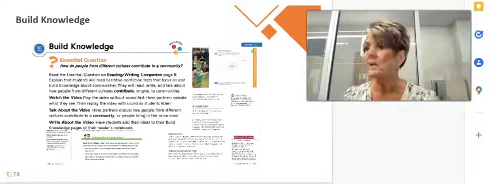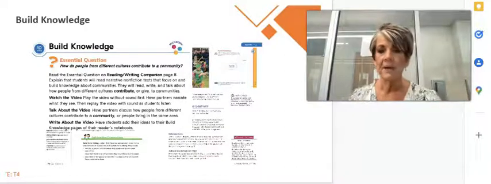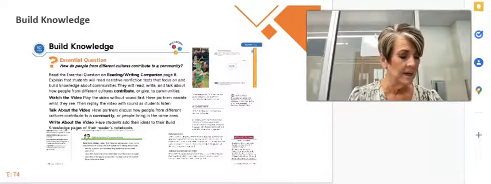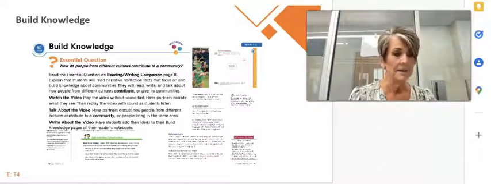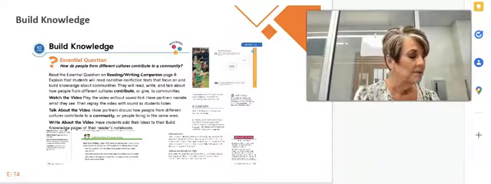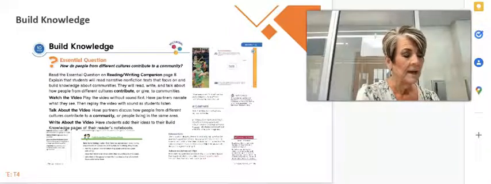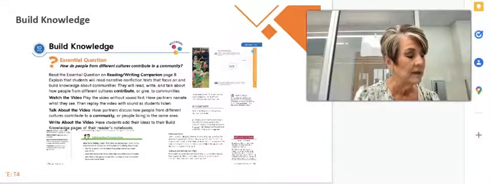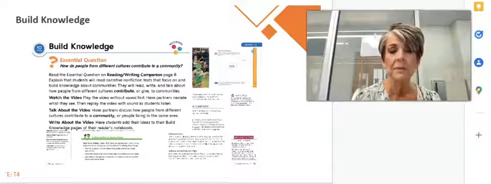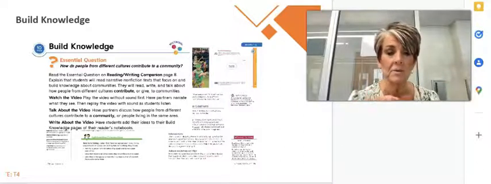And so as you go into your teacher's manual, there are some pieces there that you will see in the Build Knowledge tab. And so you'll be looking, the very first part is how to build knowledge. And when you look in there, you'll be looking at that essential question.